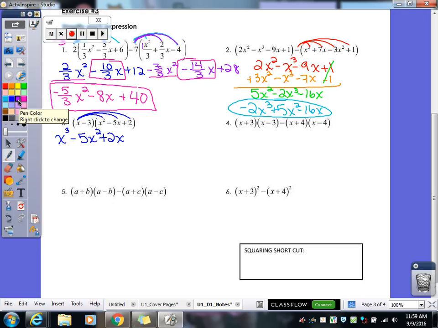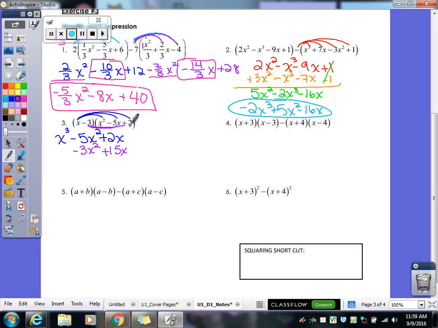So now we distribute the negative 3. So negative 3 times the x squared gives us negative 3x squared. Again, I like to line up my terms. You can just keep writing right afterwards if that's the way you prefer. Negative 3 times negative 5 gives me a positive 15x.